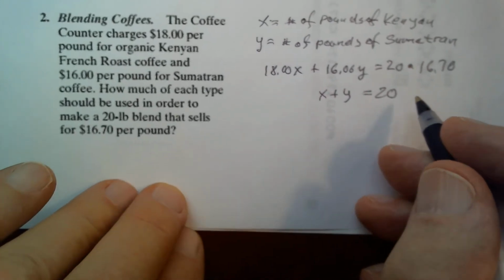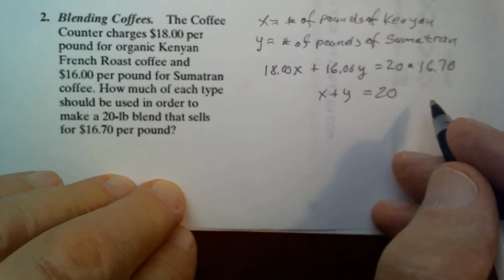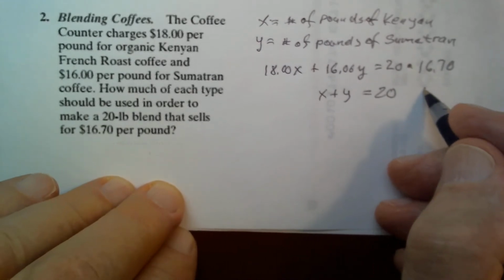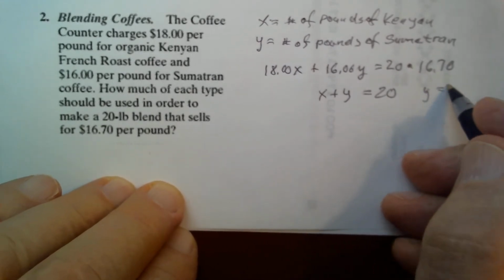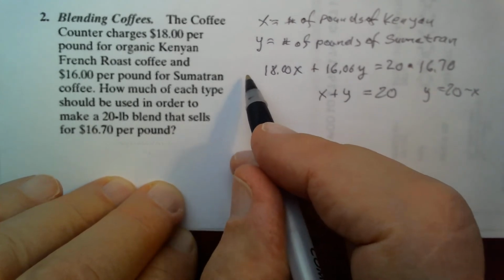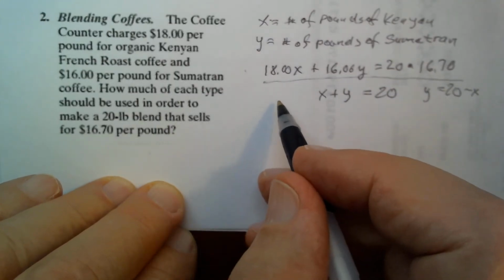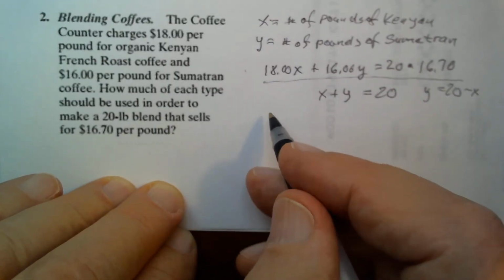From the second equation, if we use substitution, we can write that y would be equal to 20 minus x. And then when you look at the first equation, let's multiply that by 100 to eliminate the decimals.